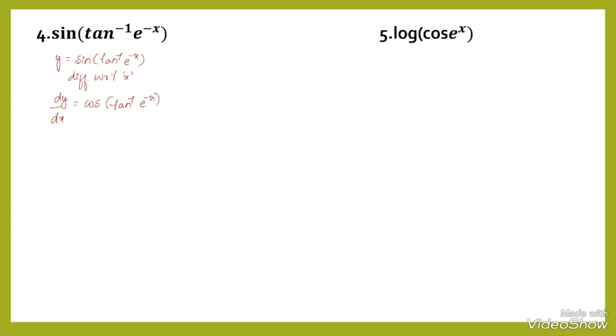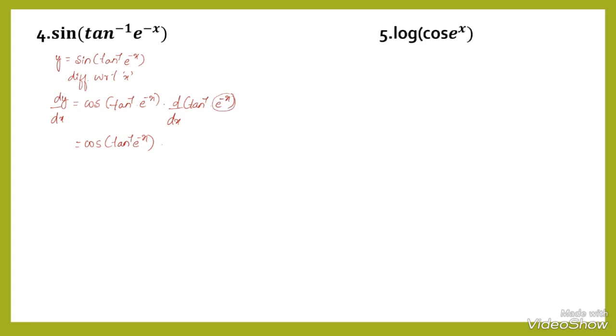So in place of x we have tan inverse. Therefore I can again differentiate, that is tan inverse of e to the power minus x. Again cos of tan inverse of e to the power minus x. Now differentiate this. Here in place of x we have e to the power minus x.